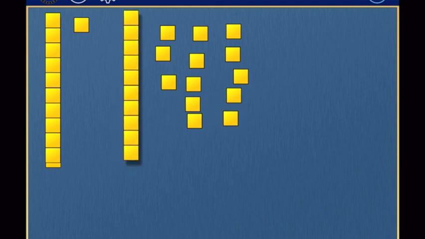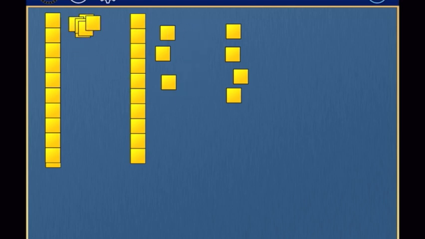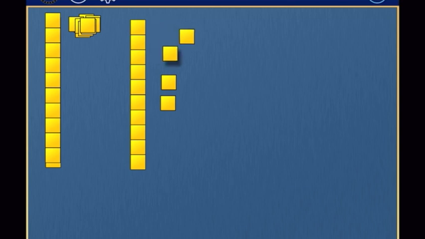So then I can take away my 9 from the ones. So 1, 2, 3, 4, 5, 6, 7, 8, 9. And I am left with 10, 11, 12, 13, 14. So then I know that 23 minus 9 equals 14.